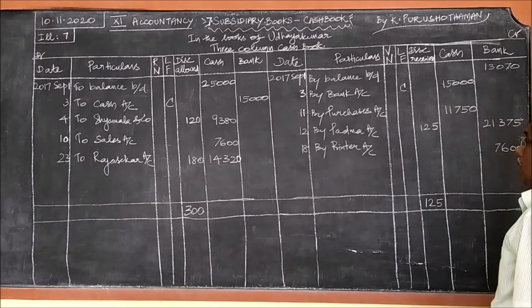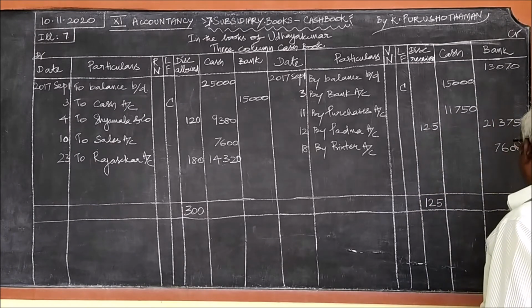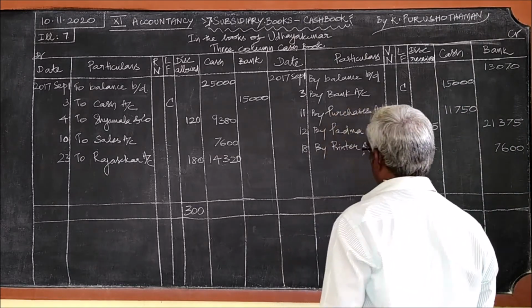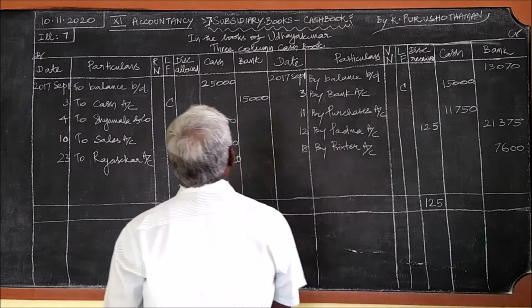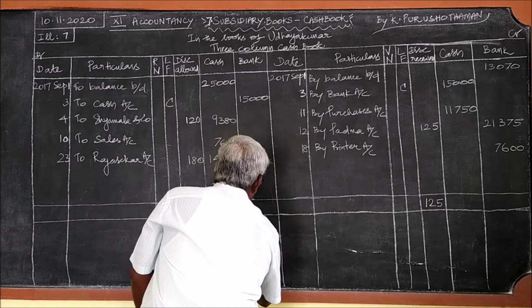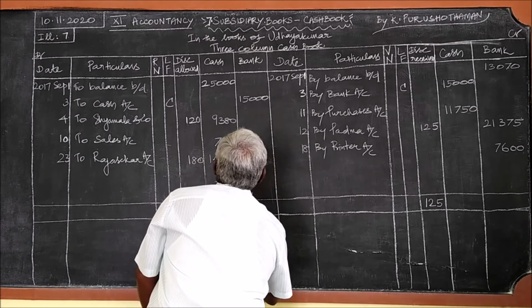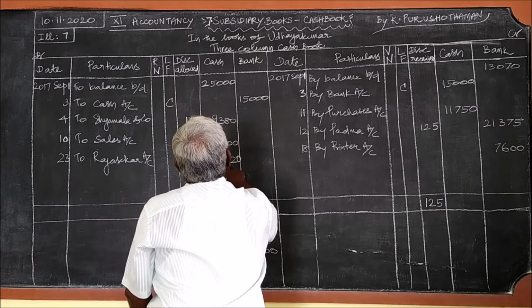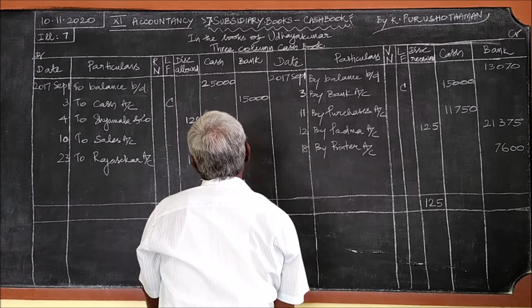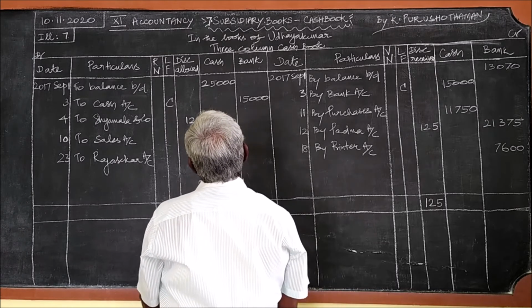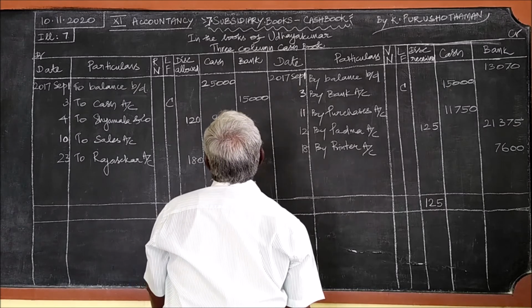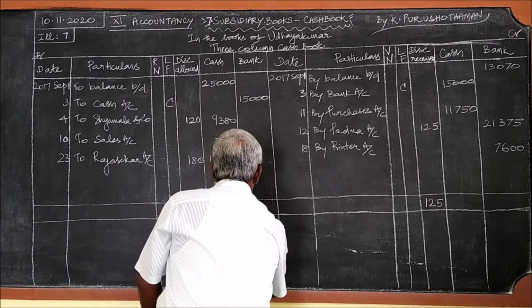Right now, you go to the cash column. Debit cash column, you add and write 56,300.